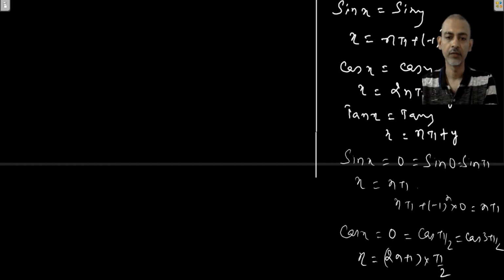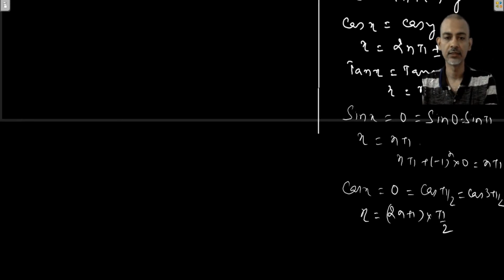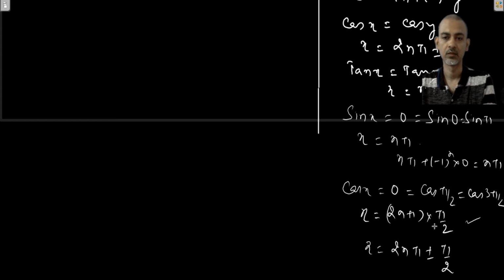But even if you write it as x equals 2n pi plus minus pi by 2, which we have learned, that is also okay, but it's much better to write it in the first format. So I hope this part is clear to you.